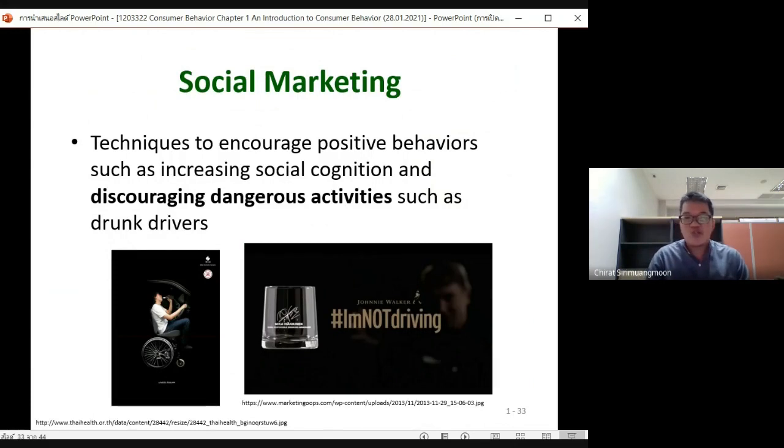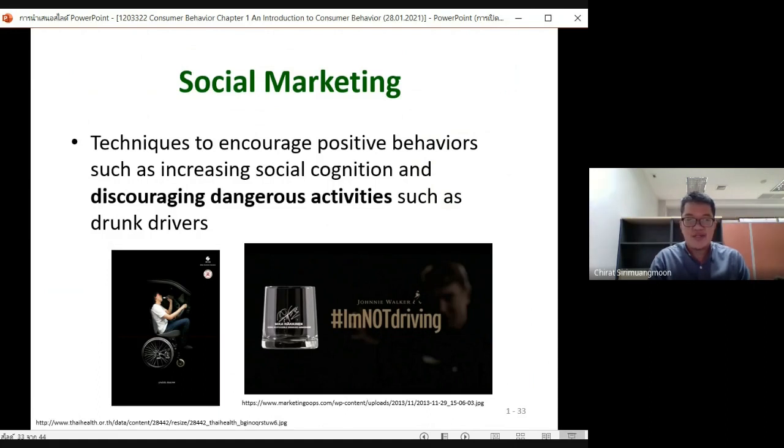Next one, social marketing. Social marketing is like they encourage, try to support the people to not do something bad. Like the first picture, they have the picture of the people who drink alcohol while driving, but you also sit on a wheelchair.